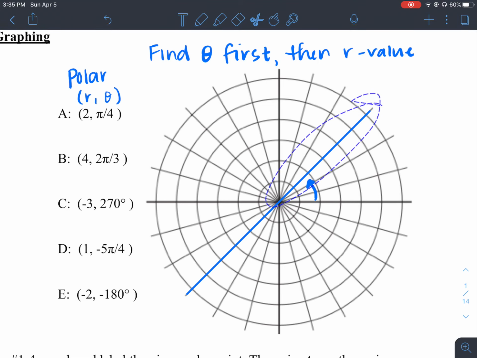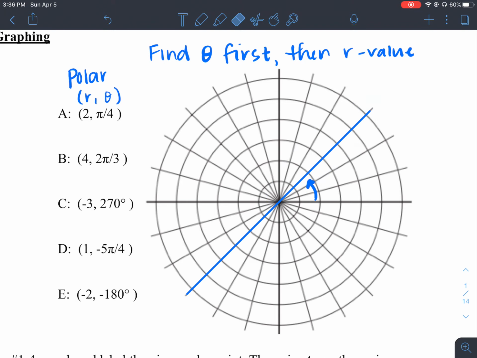Technically, a radius can't be negative. If you're talking about a physical circle or a sphere that you're going to hold, it's real, you can build it, you can't have a negative radius. But for us, we can have a negative r value. What it means is, instead of going in the standard direction on that angle line, we would go backwards. And we're going to look at that when we get to C and E.